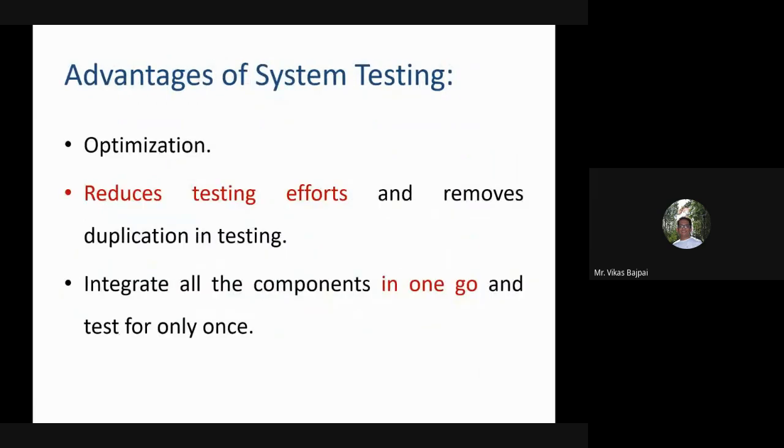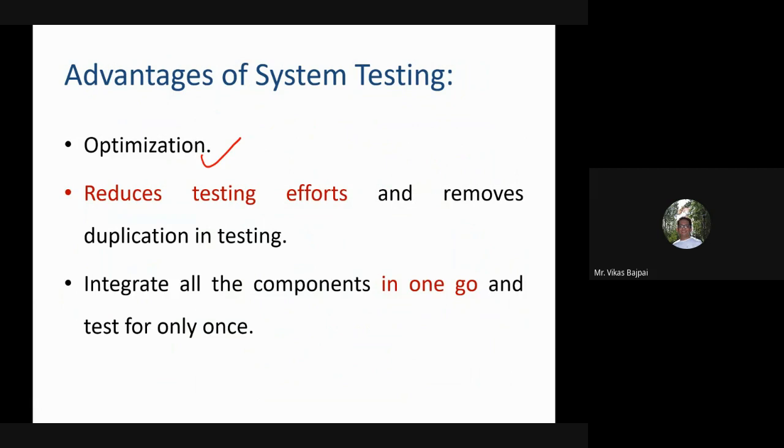So these are some of the benefits of system testing: we achieve optimization. We have optimized the entire process, and overall we have drastically reduced the testing time compared to any other technique.